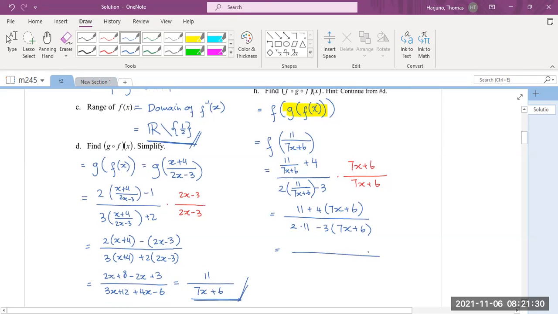That will be 11 plus 28x plus 24 over 22 minus 21x minus 18. That equals 28x plus 35 over negative 21x plus 4.